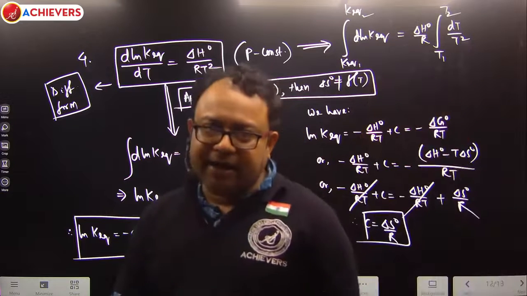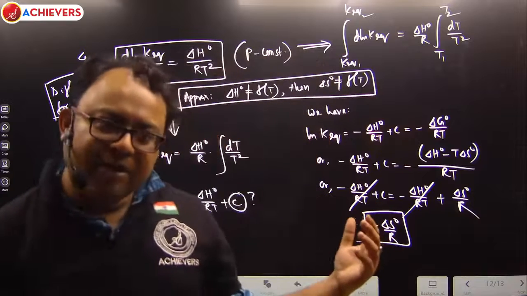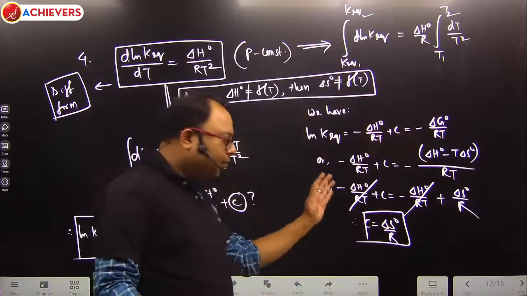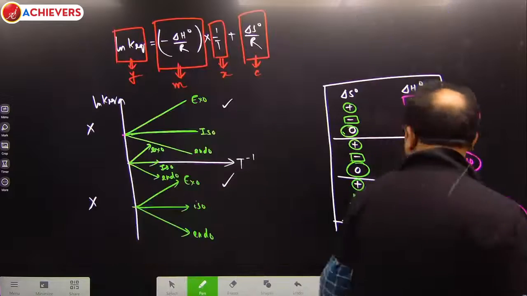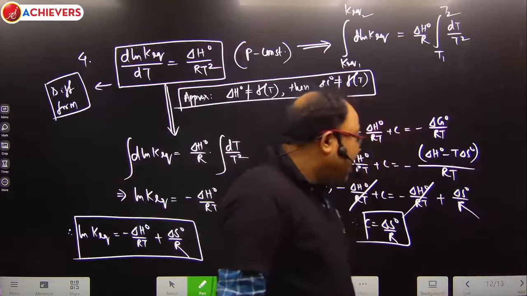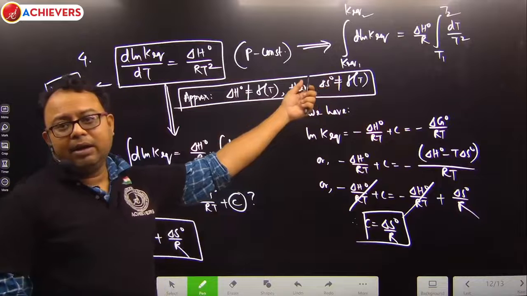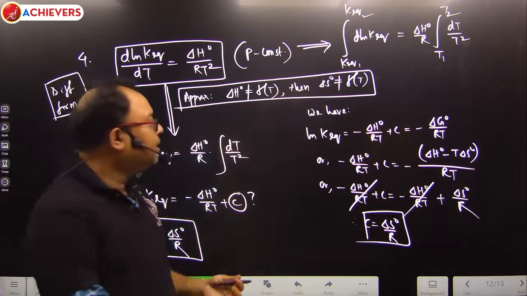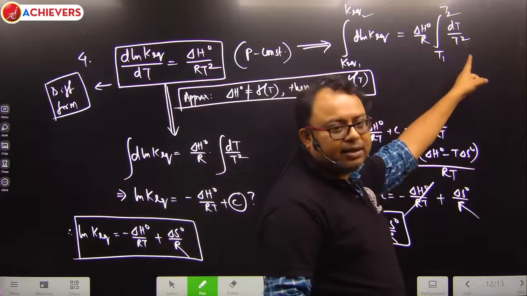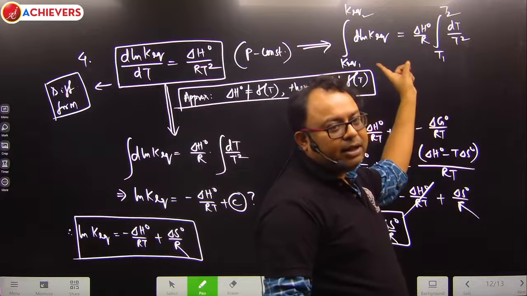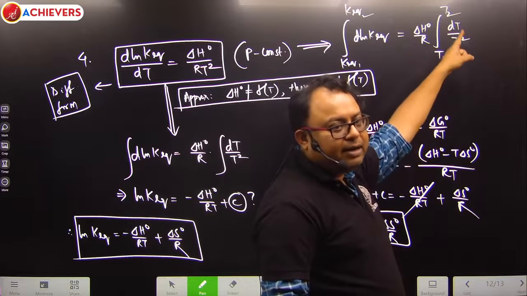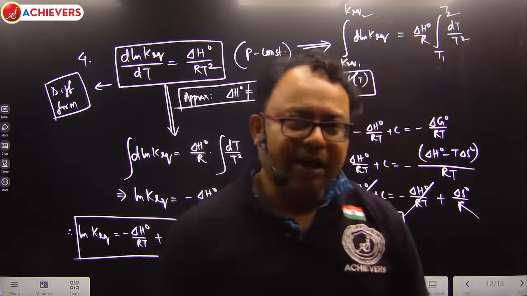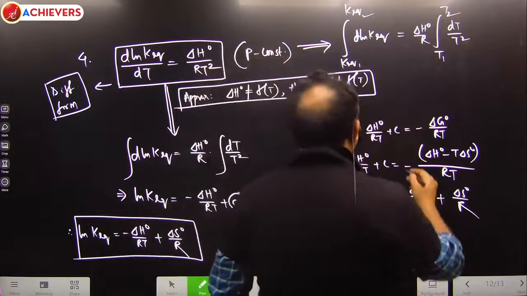Initially, we integrated the differential equation indefinitely, and we obtained an expression. From there, we obtained the plots. Now, if we had integrated it definitely, then let us consider that at temperature T1, the equilibrium constant is KQ1, and at temperature T2, it's KQ2, because KQ is a temperature dependent parameter.